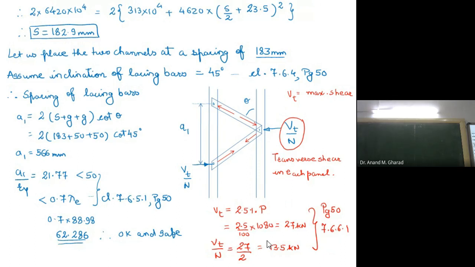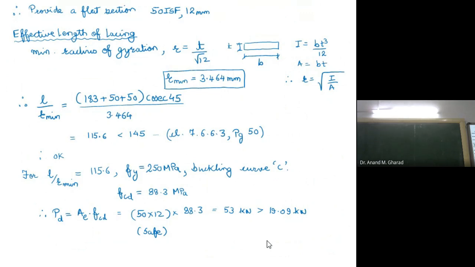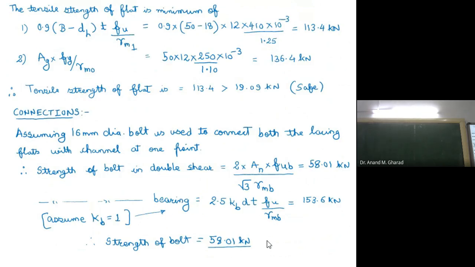So we have discussed the design of lacing flat. We have identified the dimensions of the lacing flat, in which we have selected 50 mm wide plate, and that 50 mm was calculated based on the IS 800 clause, if you remember.